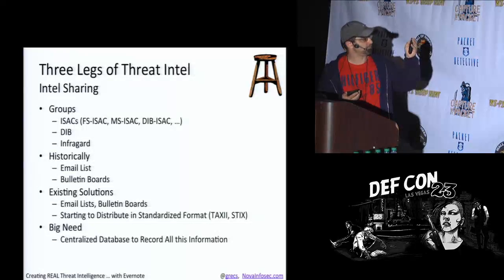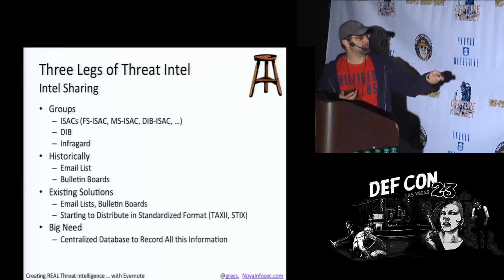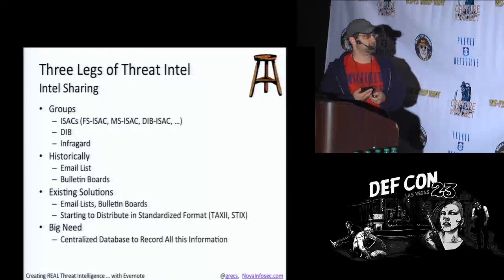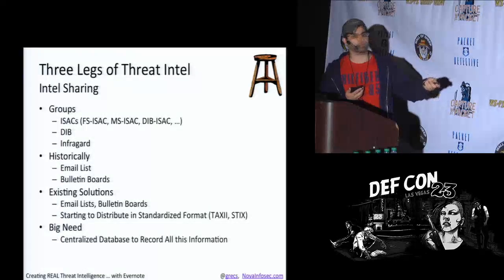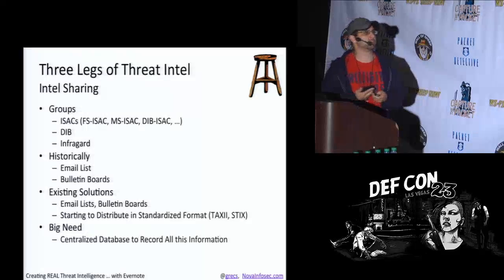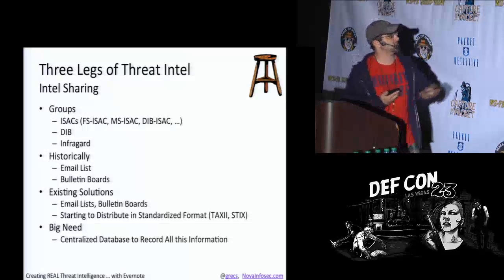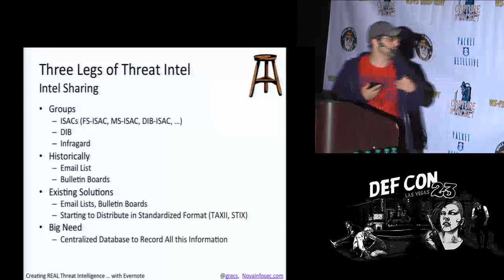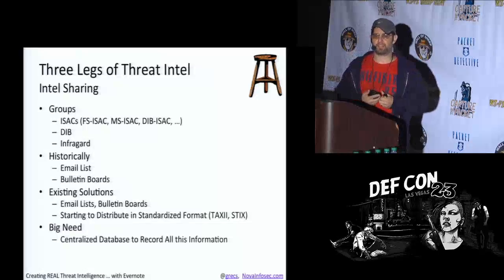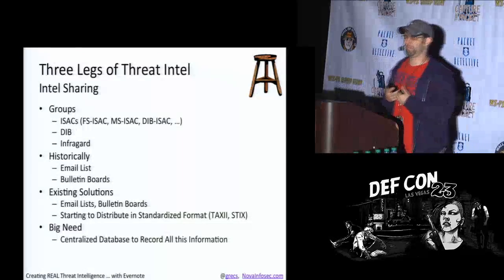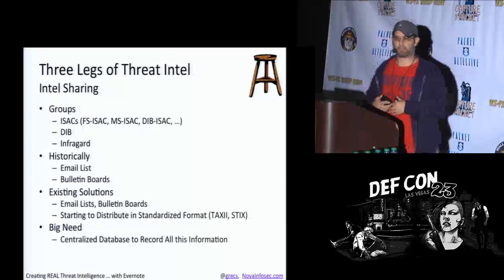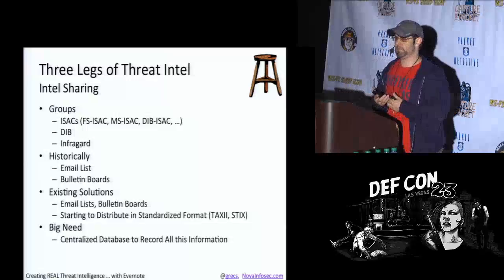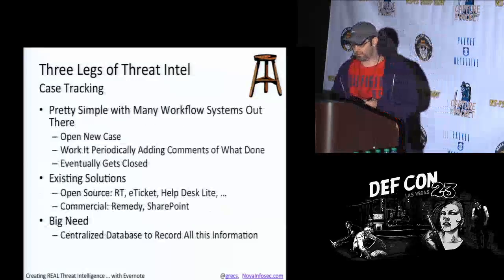Some of the newer formats are starting to push out this intel sharing information using standard protocols like TAXII and STIX. But once again, there's a lot of threat intel that you can get from your partners, but where do I put that? What's that big bucket that I'm throwing everything into that my analysts can search to get context behind the indicators that they're seeing?